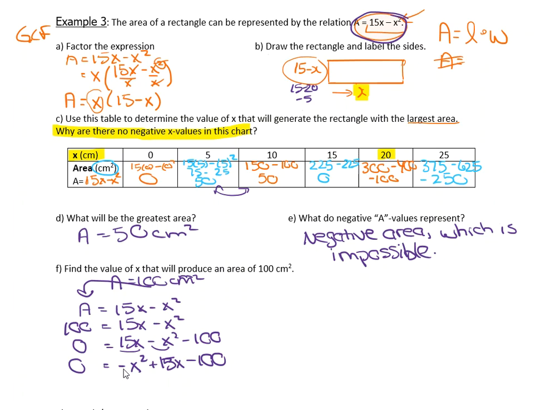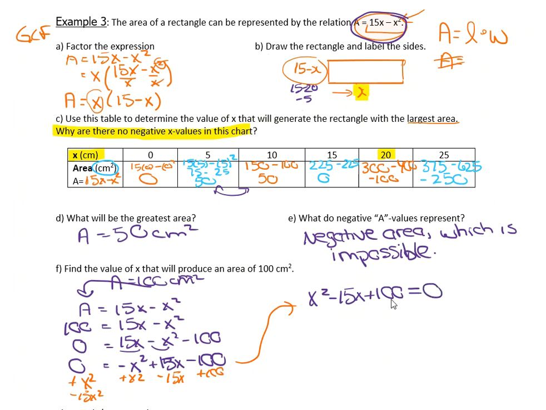So I'm going to take everything and bring it all over to the other side of the equal sign, because when I add x squared to both sides, I will now have a positive x squared, which is what I can work with. I'm going to subtract 15x from both sides, and add 100. When I do that, I have x squared minus 15x plus 100 equals 0.